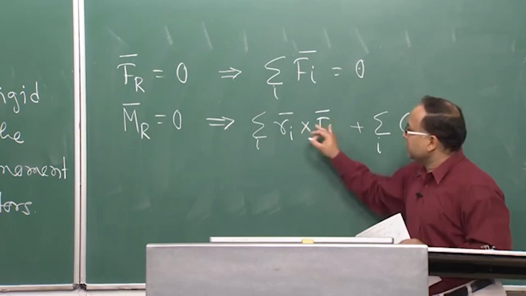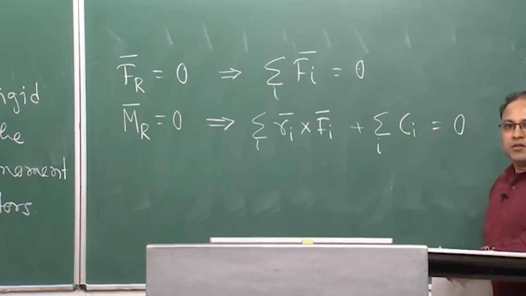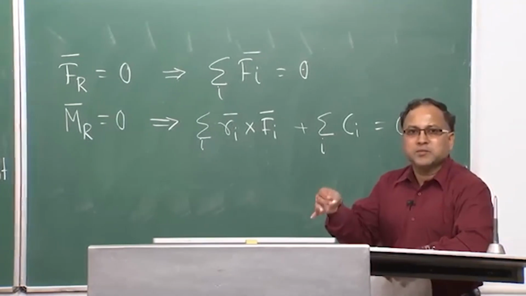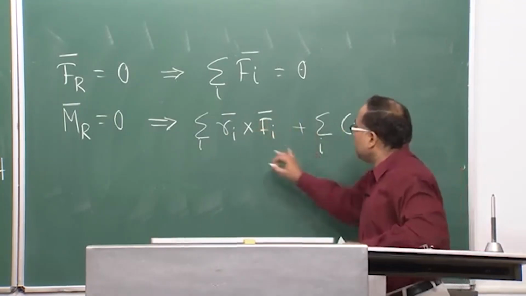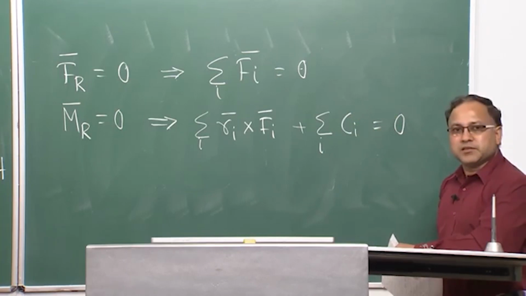So, this is the moment due to the externally applied forces, and this is the moment due to concentrated moments acting on that particular body. So, the summation of these things must be 0. So, mathematically I can express it like this.